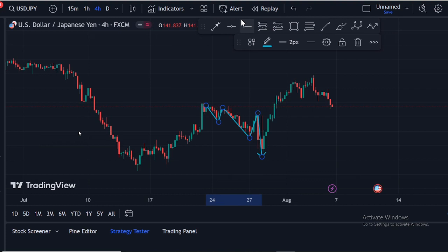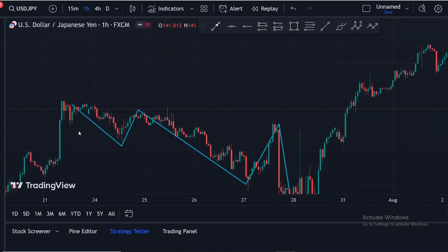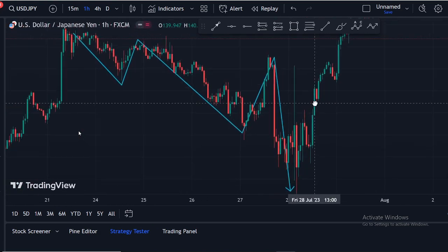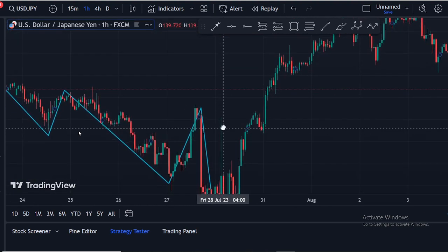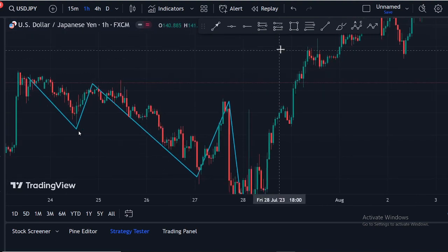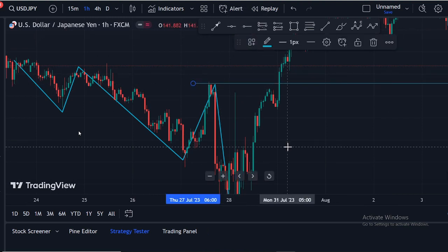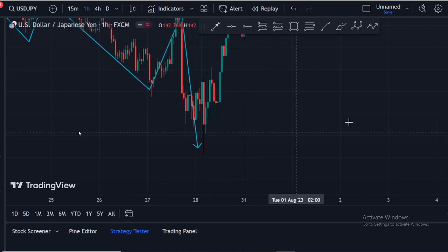Now, just to make this a little bit visible, let me put it back on the 1 hour chart. Now, if we are looking at that on the 1 hour chart, we realize that we have this area here as our last pullback before we hit the last lowest point.